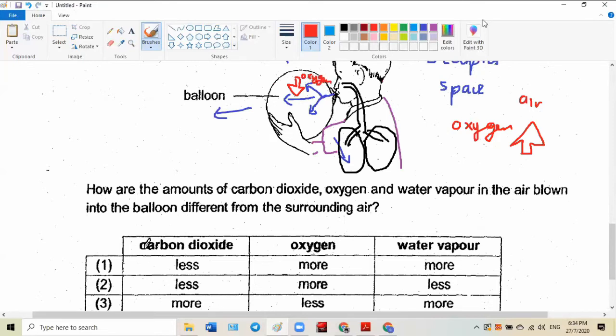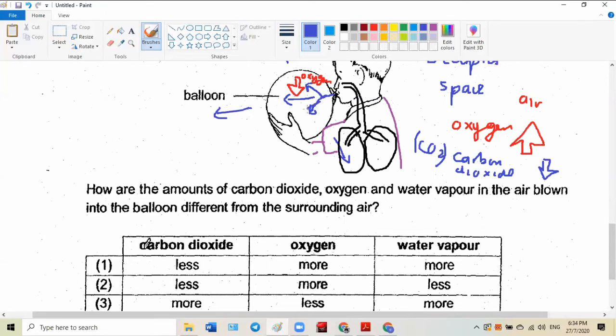Okay, there's carbon dioxide in the air also, right? Carbon dioxide. I write it as CO2 because in secondary school you need to learn it as CO2. You have no space to write carbon dioxide in the balloon. Carbon dioxide in the air is not very much compared to the one he blows out.